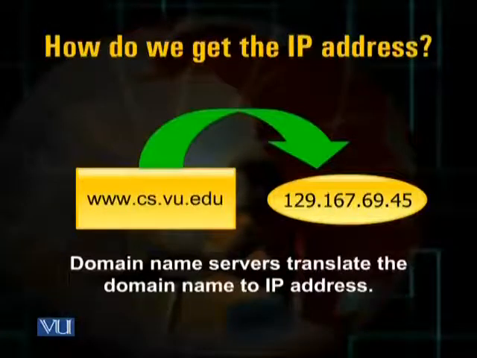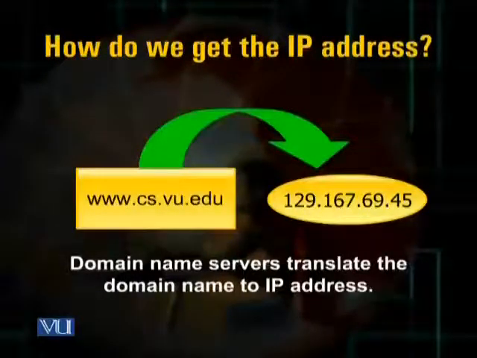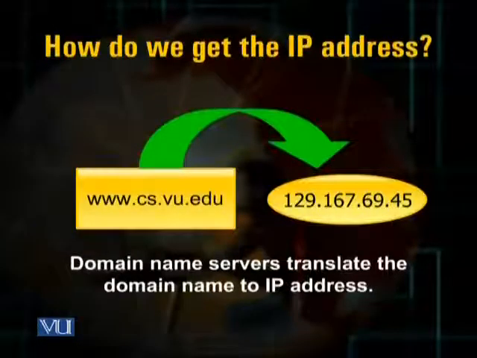What type of IP address is it? Can you tell me? Just look at the first byte, the first number, 129. You know the range for a class B is from 128 to 191. So just by looking at this first number, 129, you can immediately recognize that this is a class B type of network. Although this is a fictitious IP address, so it is not certain that if you type www.cs.vu.edu the corresponding IP would be this. It's just an example.